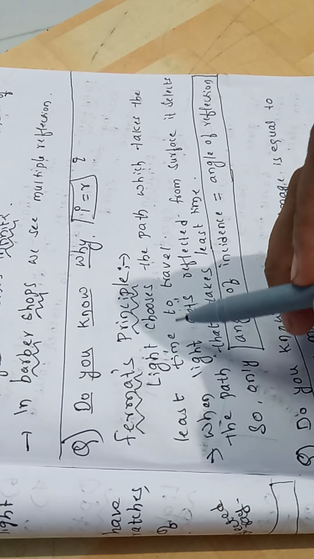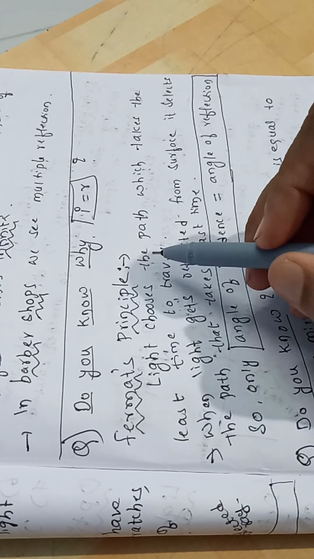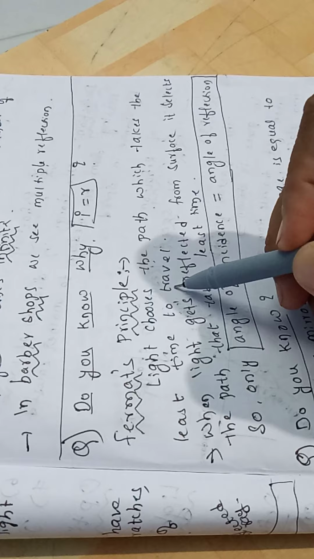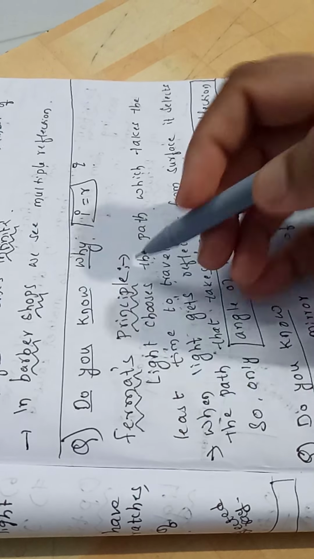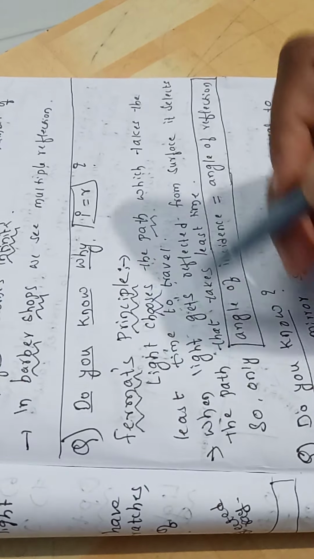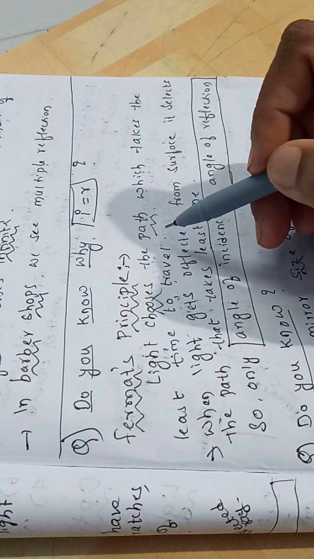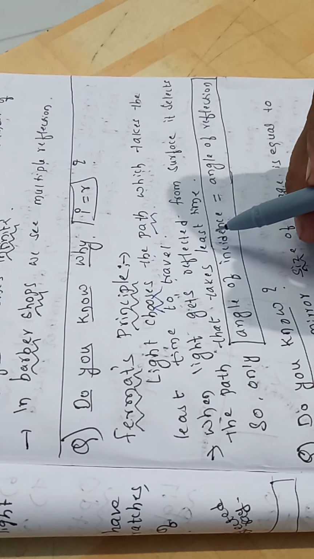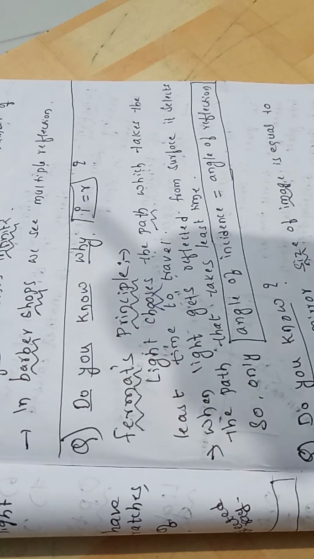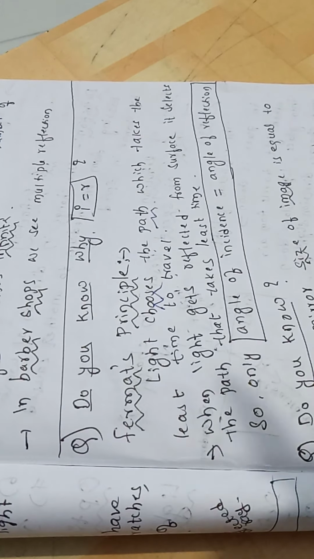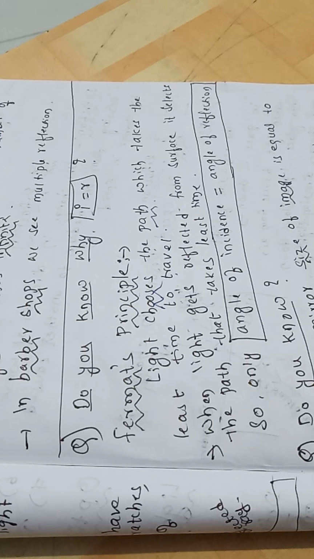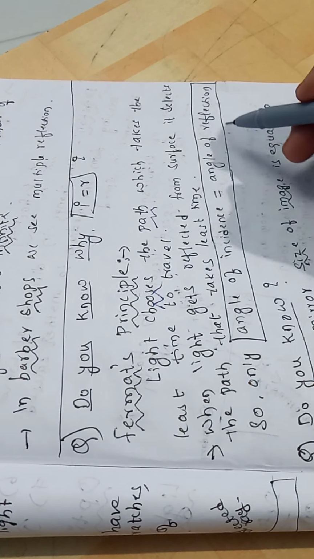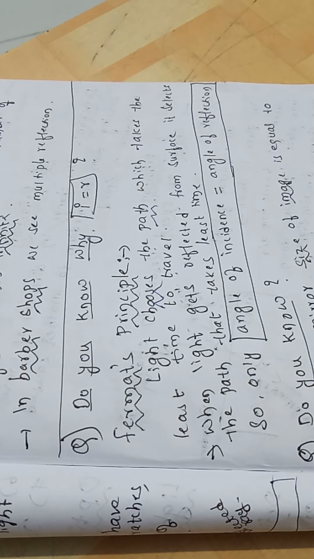Fermat's principle says that light chooses the path which takes the least time to travel. So when light gets reflected from the surface, it selects the path that takes the least time to travel. Because of this reason only, angle of incidence will be equal to angle of reflection.